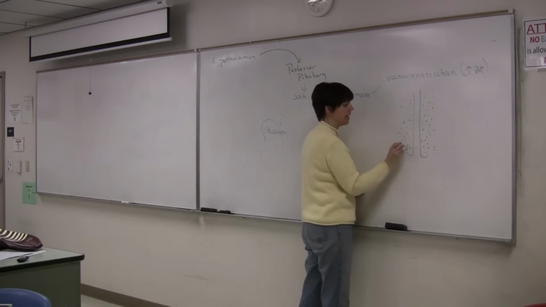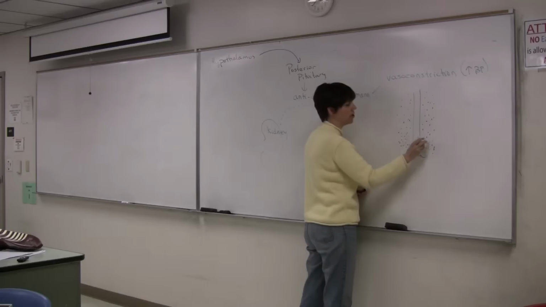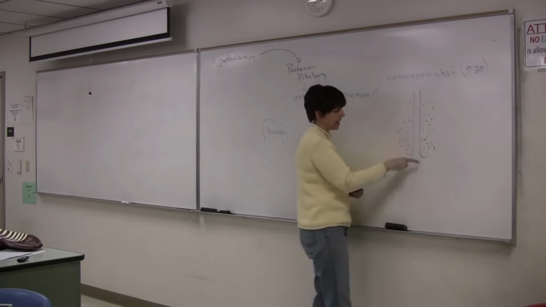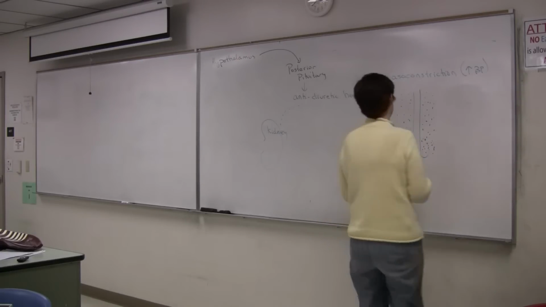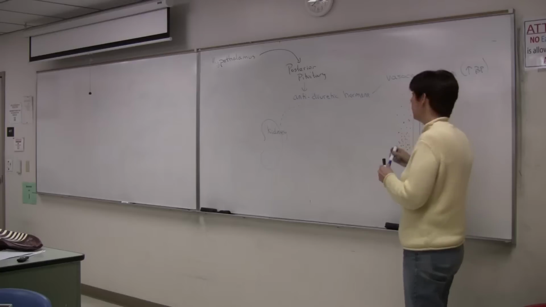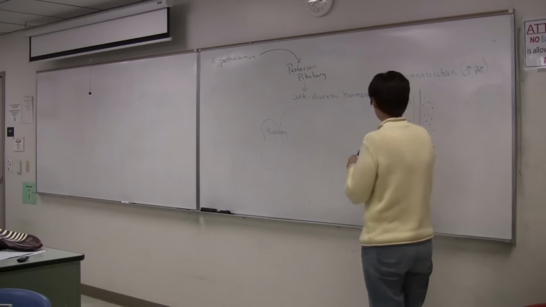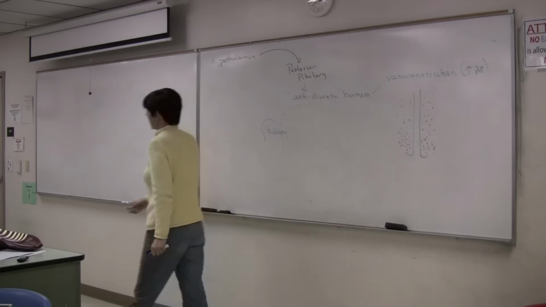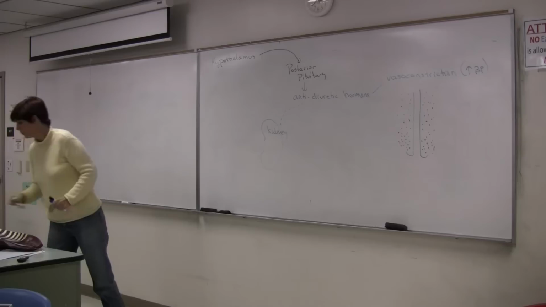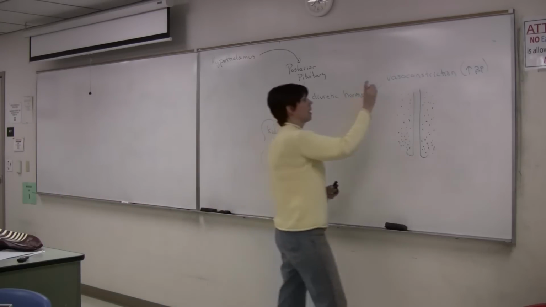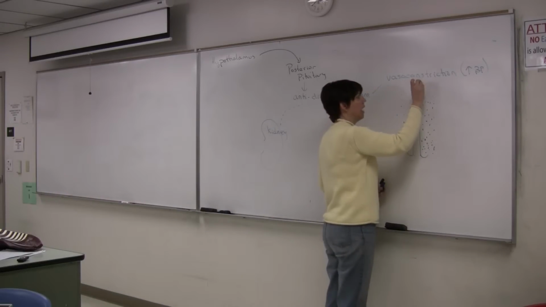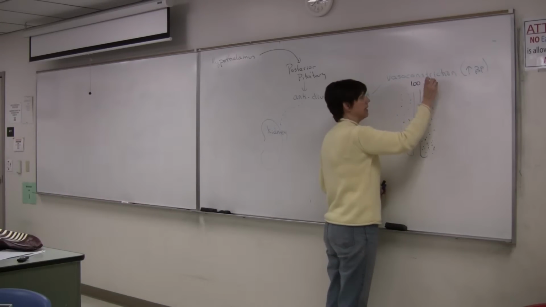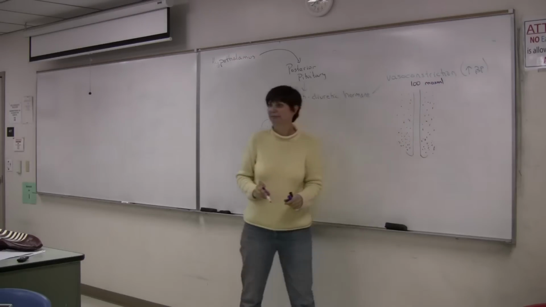Notice it's getting higher and higher in concentration as this fluid travels down the tubule. You don't have to memorize these numbers, but when it comes into the tubule, it has an osmolarity of 100 milliosmoles. Blood is typically 300.